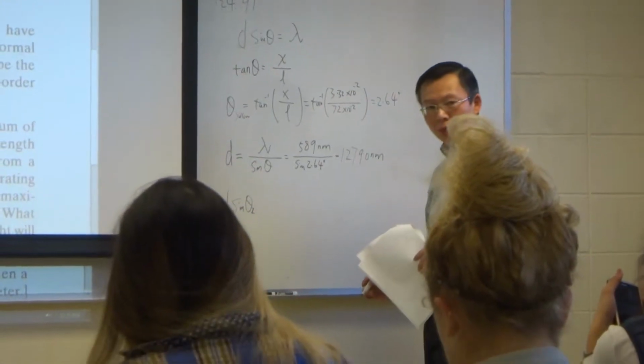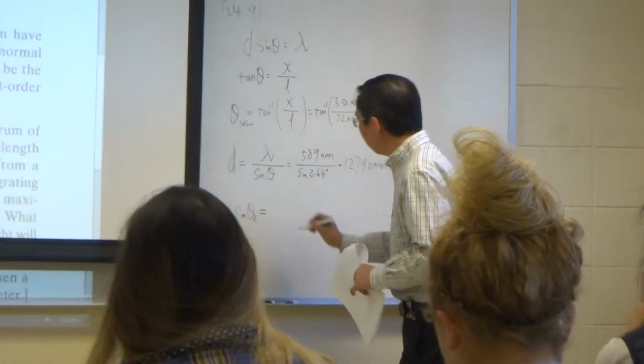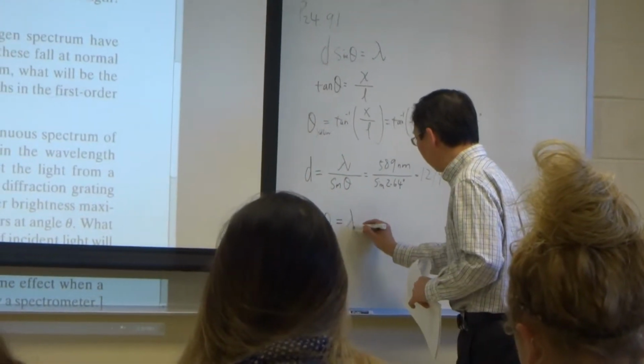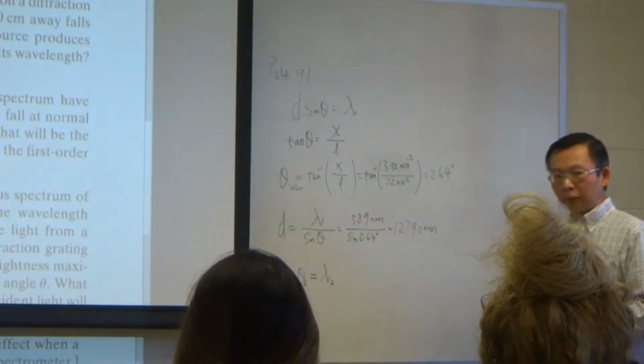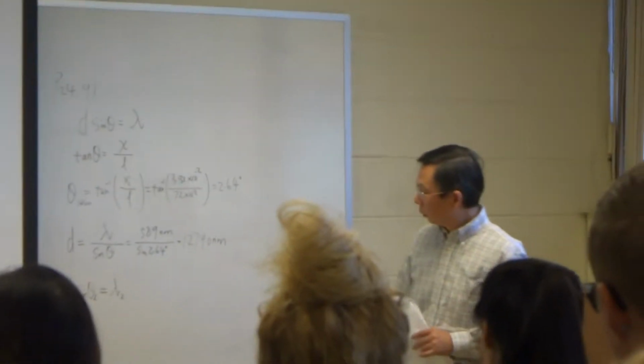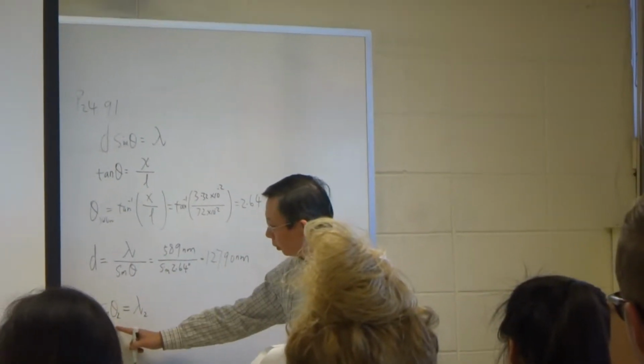Second angle, theta 2, equals the wavelength. The wavelength is also unknown, lambda 2, because we need to determine it. But d is the same d, and the angle is changed.